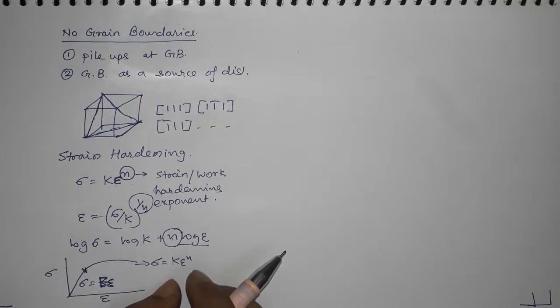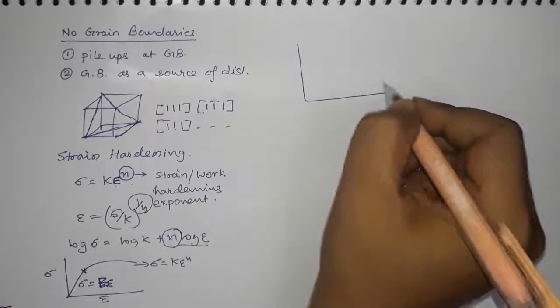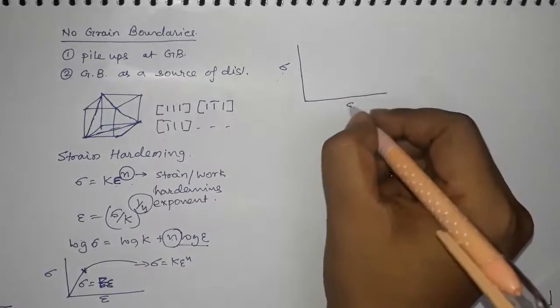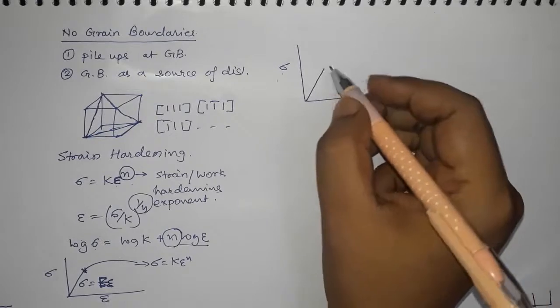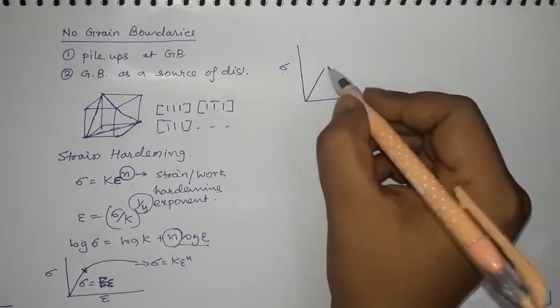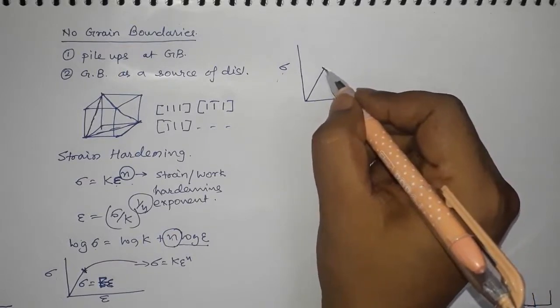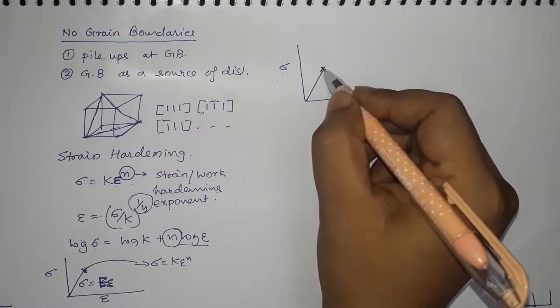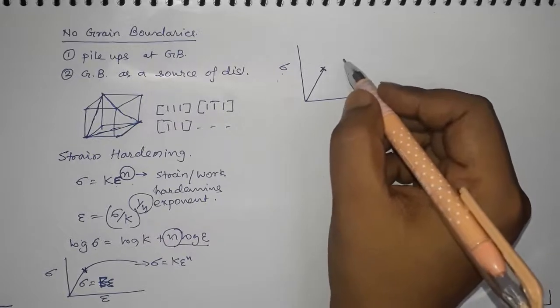So now the mechanism by which the strain hardening occurs. So we know that when we apply stress, the material deforms and proportionally the strain appears in the material, and so it follows a linear law to a certain extent, and that point where it changes from linear to non-linear is called the proportionality limit.